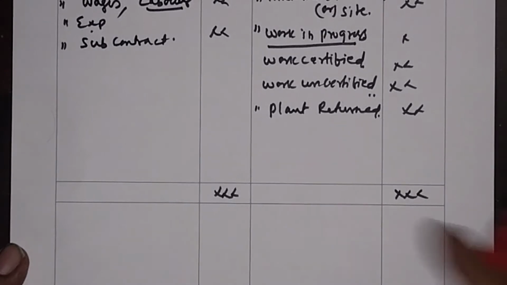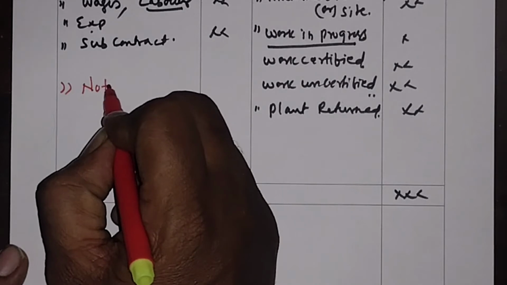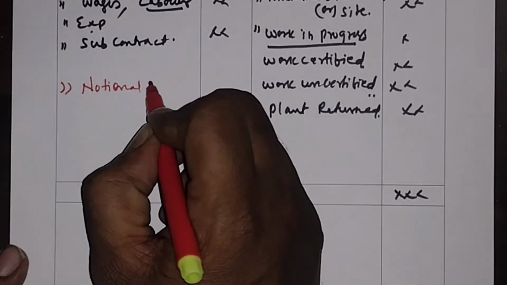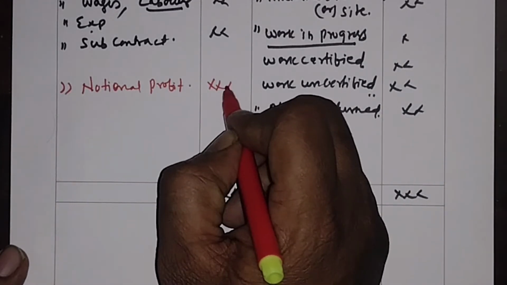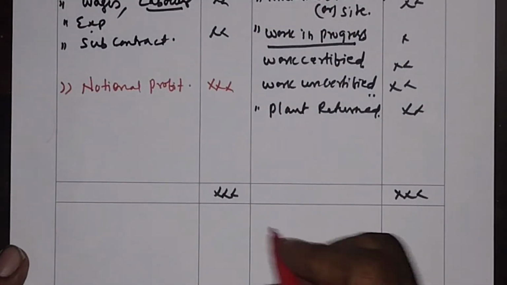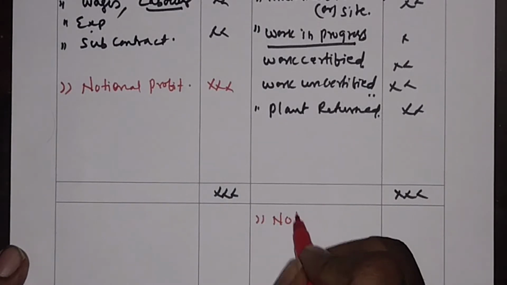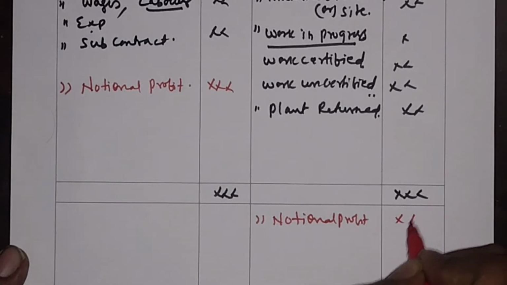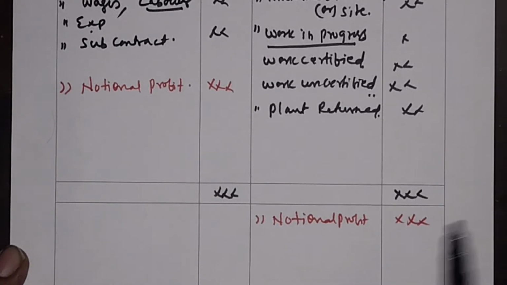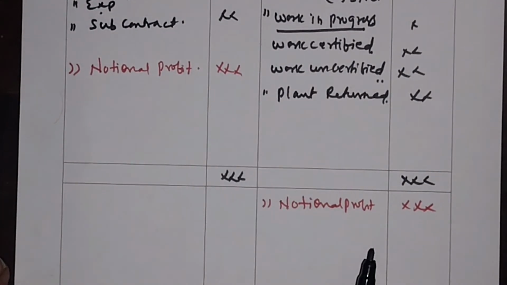Therefore, the available answer you should treat as the notional profit. This notional profit we will transfer to the credit side of the same account, by notional profit. From that we are going to separate some amount of the profit.